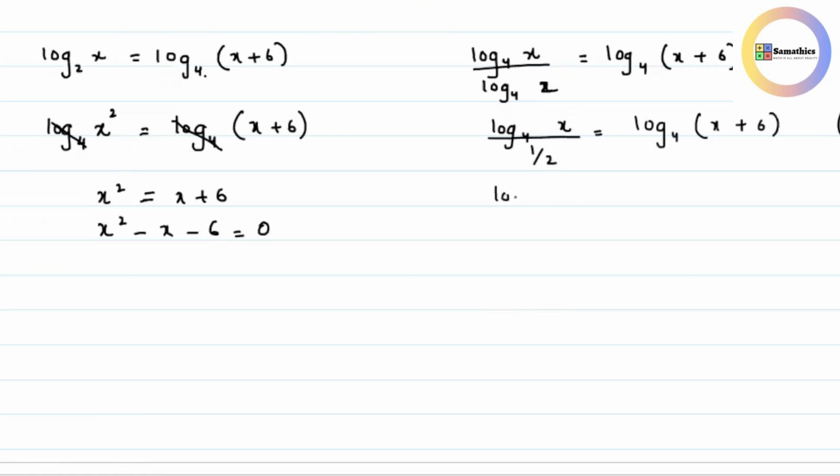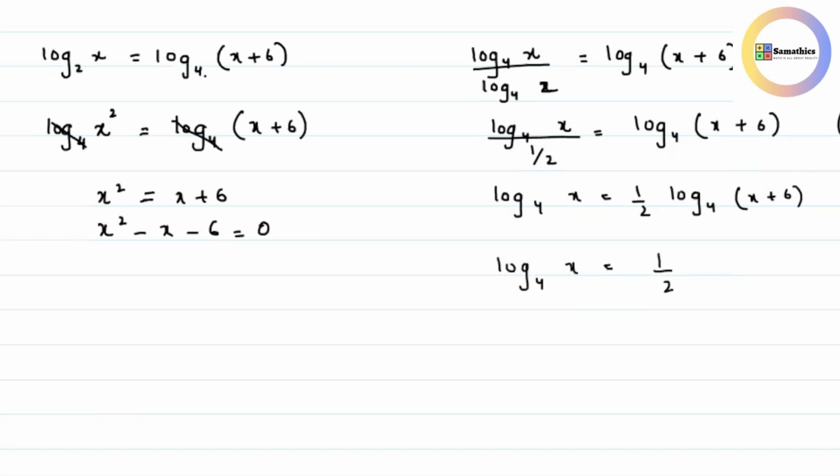So this will become log 4 x is equal to 1 upon 2 log 4 of x plus 6. This 1 upon 2 will become the power, so this will become log 4 of x plus 6 with power 1 upon 2.